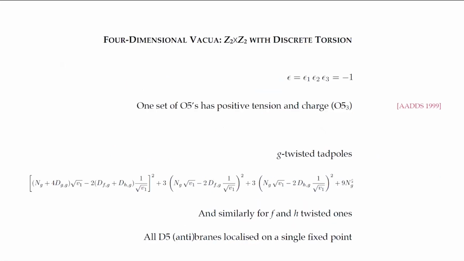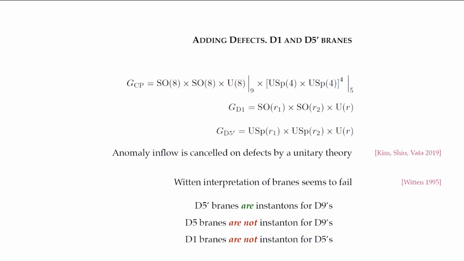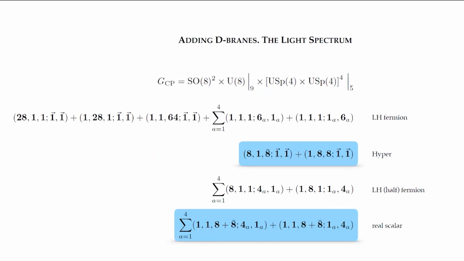However, if I look at the spectrum, the charged moduli which would go between the instanton and the would-be gauge theories are now charged with respect to the unitary gauge group, and are not charged with respect to the SO gauge group as you would expect. So there is no interpretation of this anti-D5 as instantons of the D9, at least we couldn't work it out.